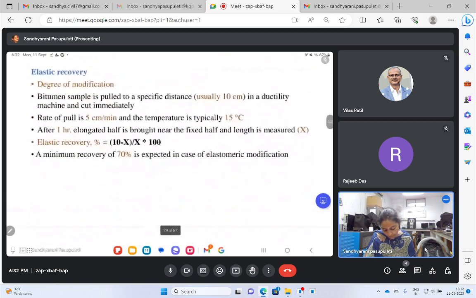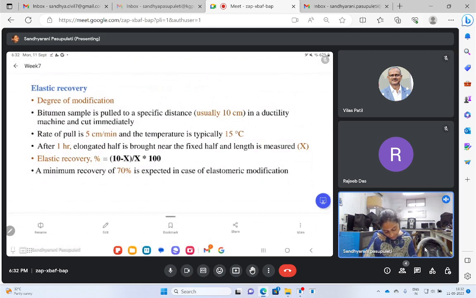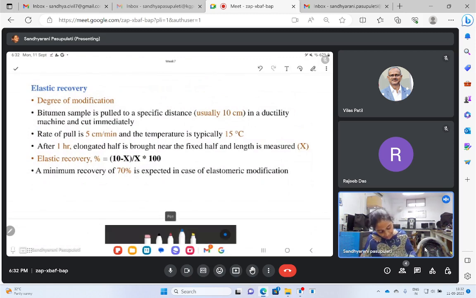modified bitumen. And in addition to that, just like in the ductility test, which we have already discussed, we have a briquette mould in which we pour bitumen like this, and we try to apply the load at 5 centimeters per minute.